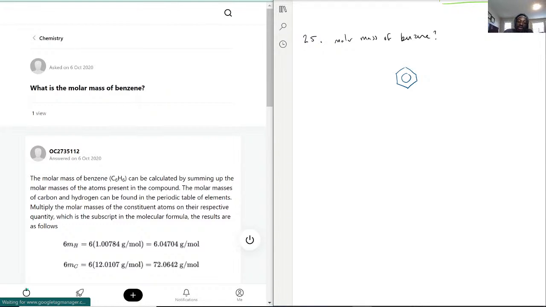So with that being said, the molecular formula of benzene is C6H6. Now they're asking for the molar mass of benzene. Like what we did before, we have the constituents, 6 carbon and 6 hydrogen, times 12.011 and 1.008.